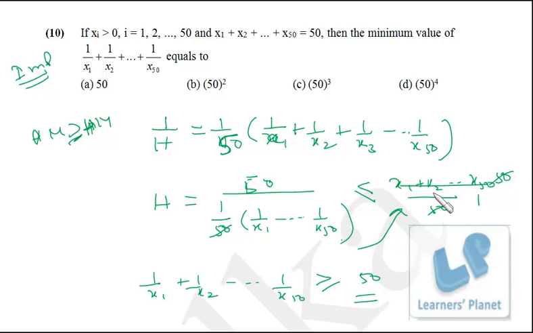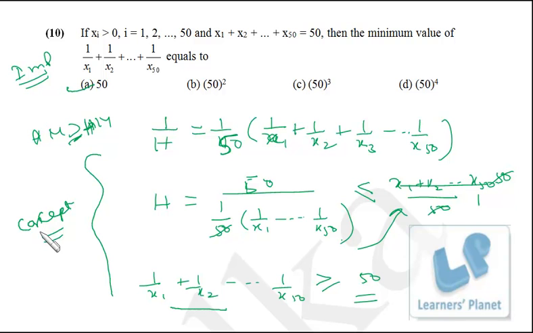If you go for cross multiplication, 1 upon x1 plus 1 upon x2 till x50 will be greater than or equal to 50, right? So this is always greater than or equal to 50. That means the minimum value is 50, and it cannot be less than 50. Okay, so this is the concept.